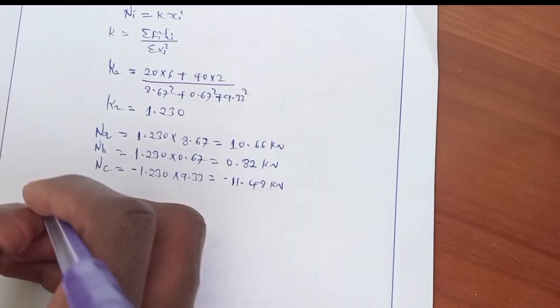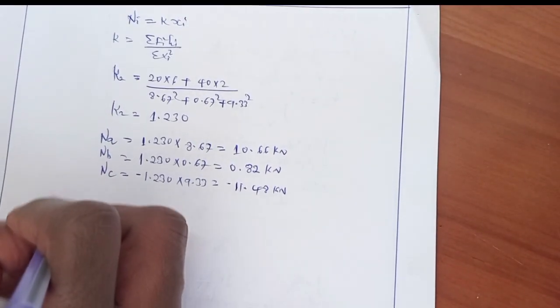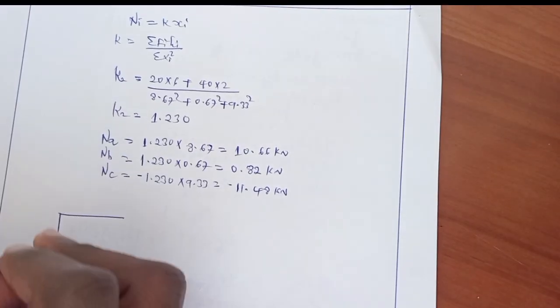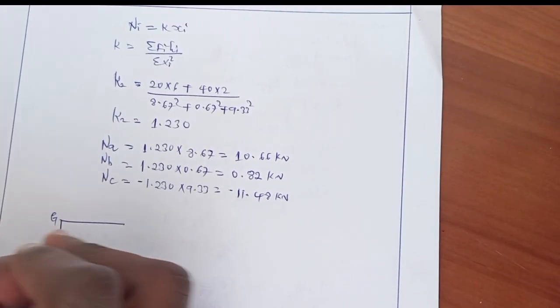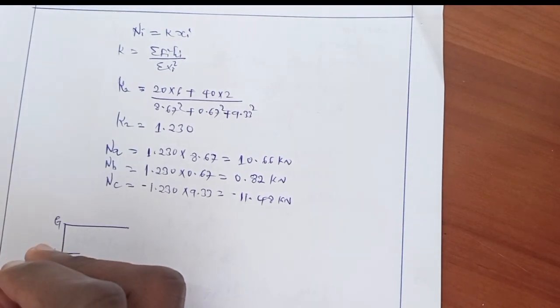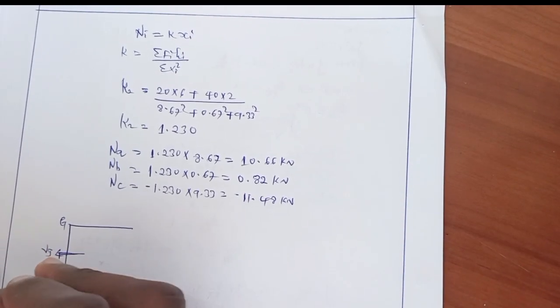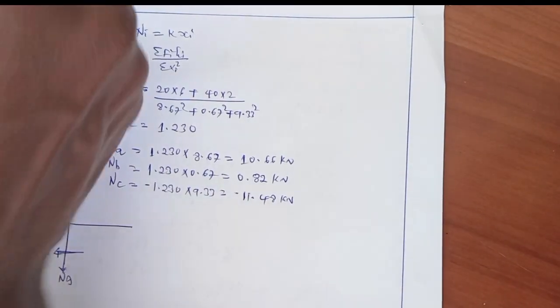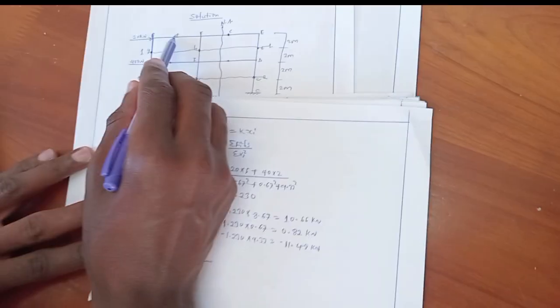Okay, let's calculate the shear force of these horizontal members. Consider level 1, this was the rigid joint G. Here was VG, here was NG. Take this rigid joint by cutting these levels and this point.